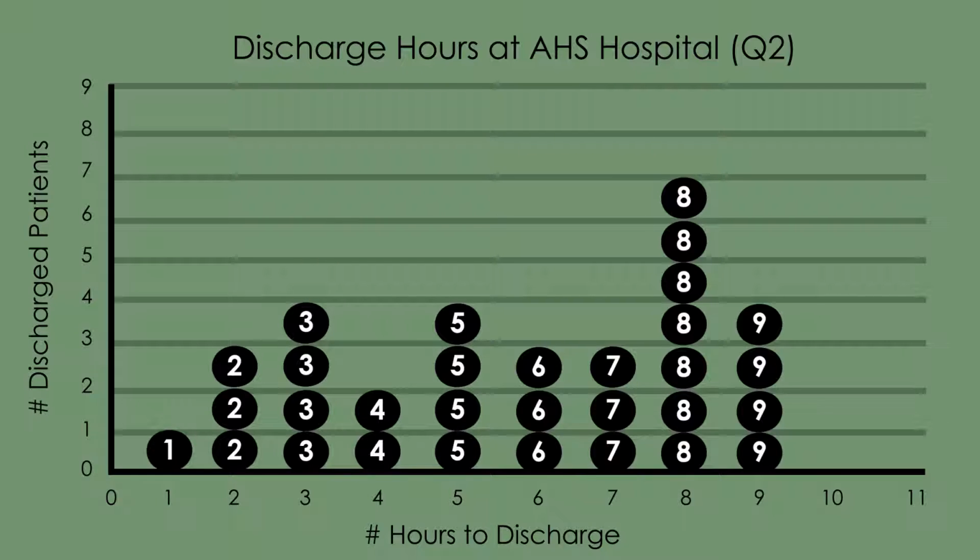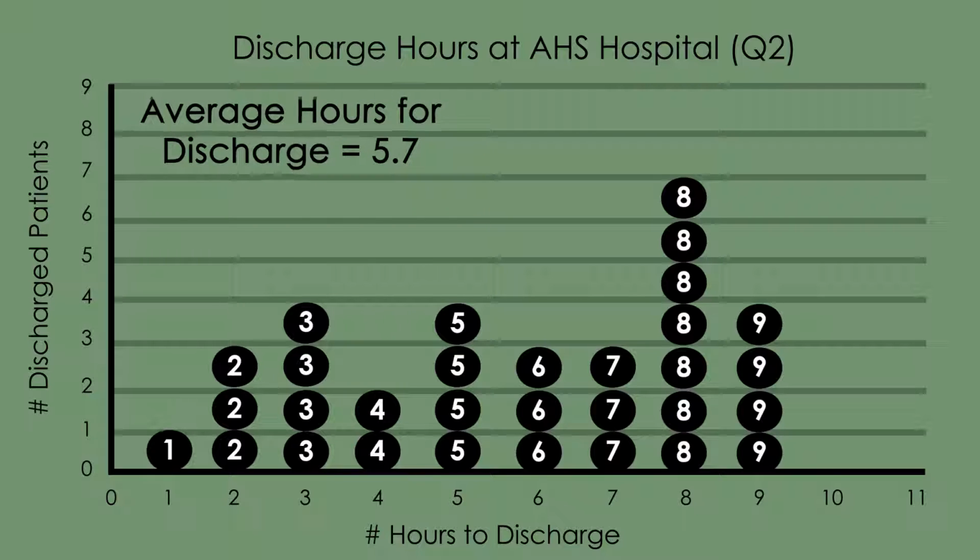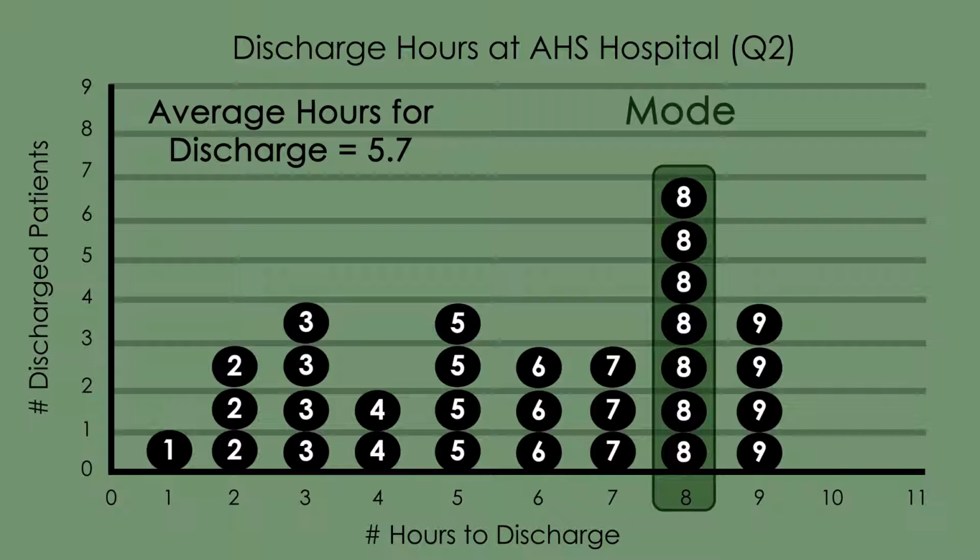Statistical values are also used to analyze this data further. Here you can see that the average number of hours it took to be discharged was 5.7. However, the value or discharge time that occurs most often in this dataset is 8 hours.